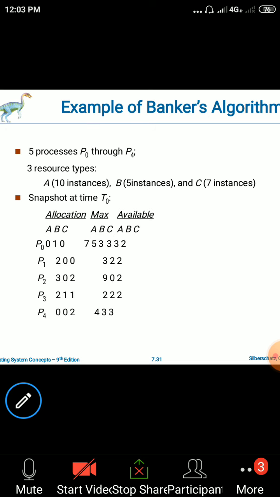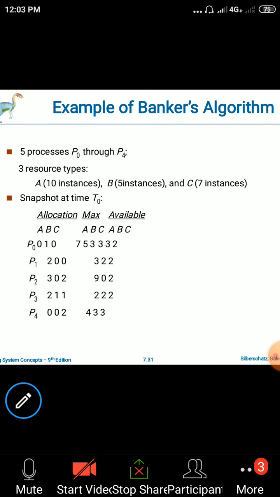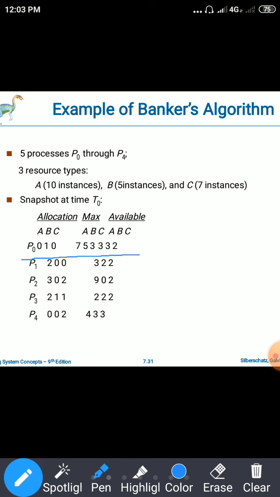P0 requires a maximum of 753, and out of 753 only 010 is allocated to process P0, meaning only one instance of B is allocated at present.